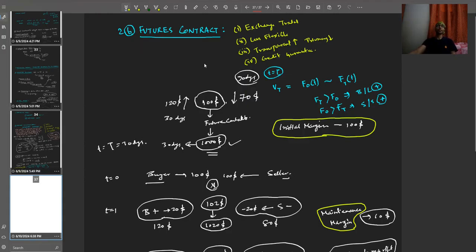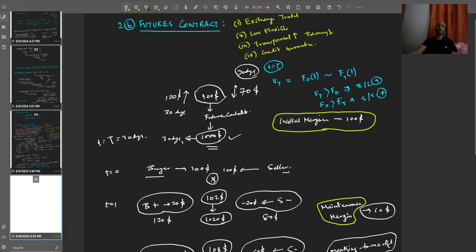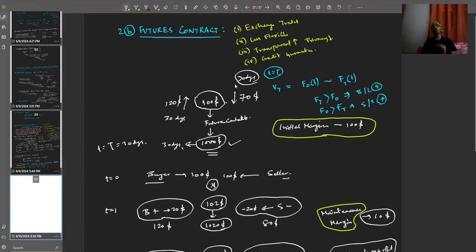How does the clearinghouse guarantee credit and how has it not failed? This is a point of contention, friends. One way is it takes margins as security deposits.